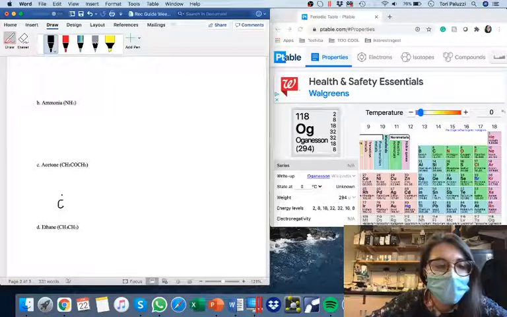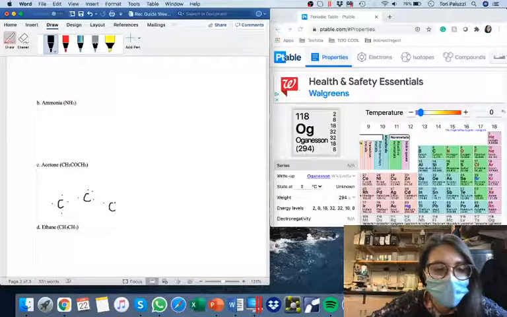So again, I draw my carbons first, and I see that this one's going to bond to this carbon. It's got, again, 4. It's going to bond to this final carbon, and then it has 4 more. I know that oxygen's going to be up top here. It has these 4, and this is going to bond this way. 1, 2.